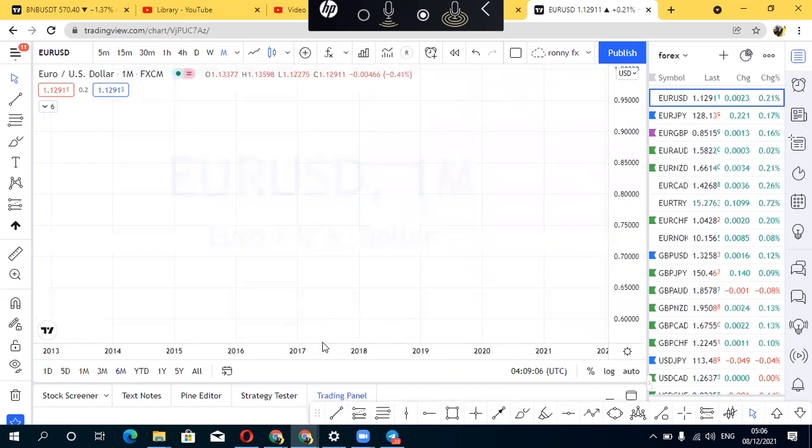Unlike support and resistance, trend lines are divided into three categories: the first, the second, and the third category. The first category trend lines are basically trend lines that can be drawn on the 1 week and the 1 day.